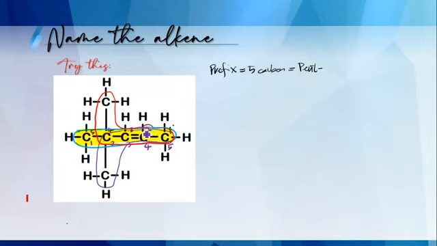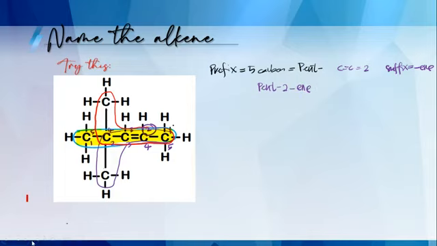If you can see, the smallest number for the double bond is number 2. So the location of the double bond is number 2, suffix is ene. So the name of your carbon chain is pent-2-ene.